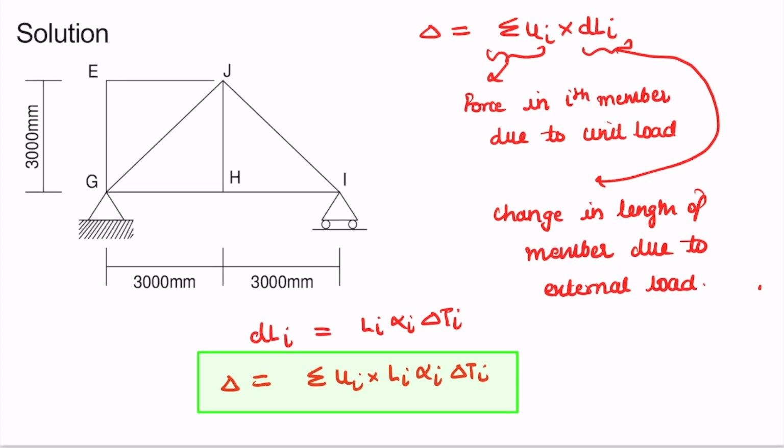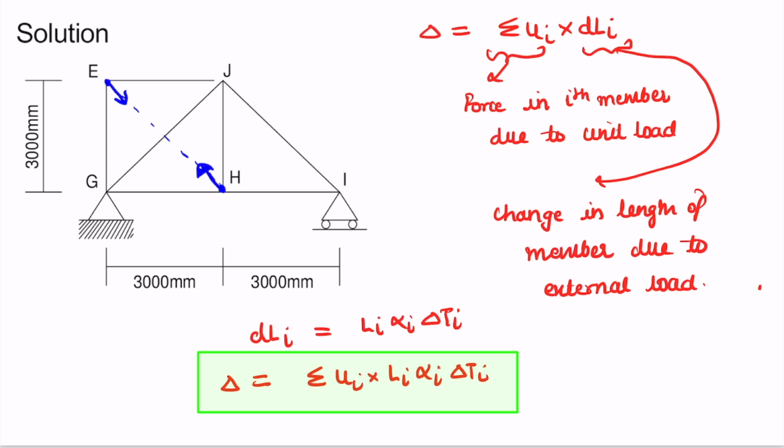Now, where to apply the unit load? So the unit load we have to apply at that location or at that joint where we have to find the displacement. So in this problem, we are asked to find the relative displacement between joint E and H along HE. So we will apply the unit load at E and H along the direction HE.